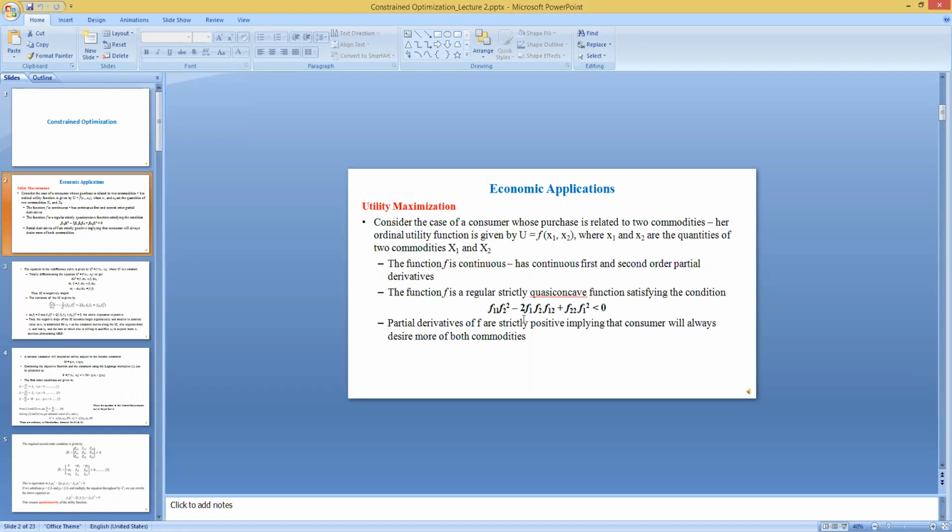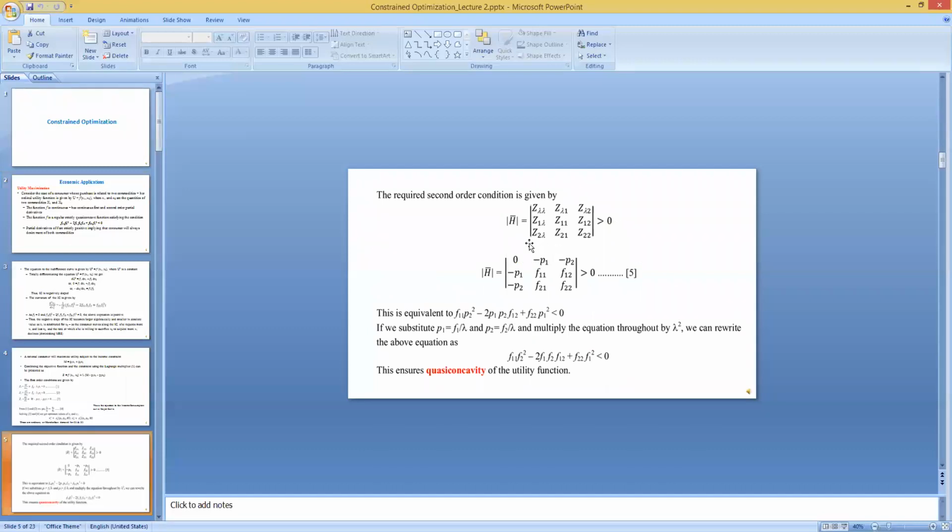If we need this expression to be less than 0, that is, if we need strict quasi-concavity, in that case this bordered Hessian should be positive. Can you remember that? Yes, ma'am. So we did all these things as background work. So for maximization, that is for strict quasi-concavity or strict convexity of the level curve, the bordered Hessian determinant should be greater than 0. So that we are mentioning.